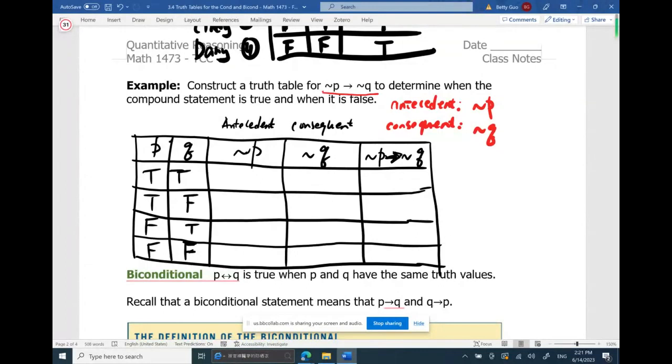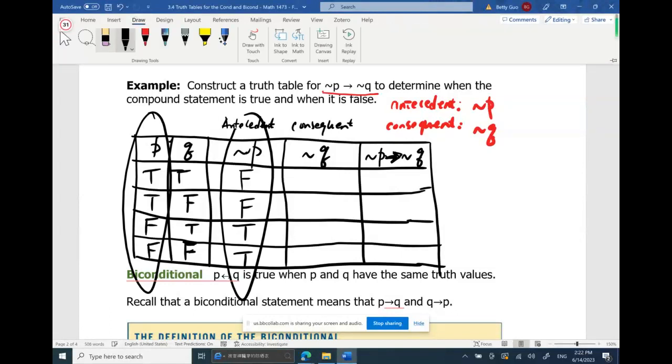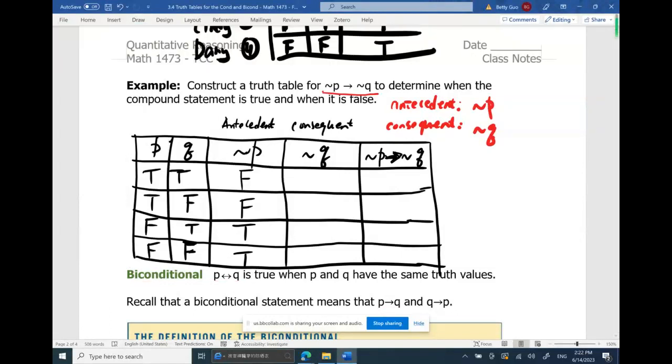Look at column 1 and column 3. Those 2 columns should have opposite values. When P is T, not P is F. TF, FT, FT. This column and this column should have opposite truth values. Negation.